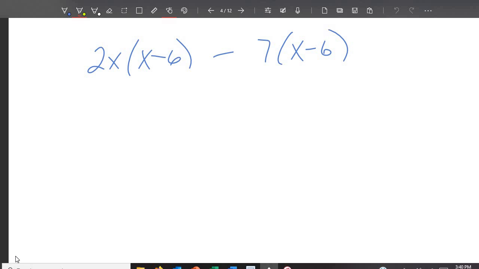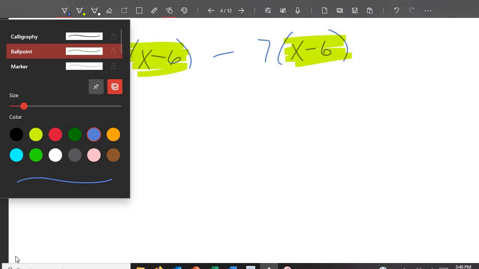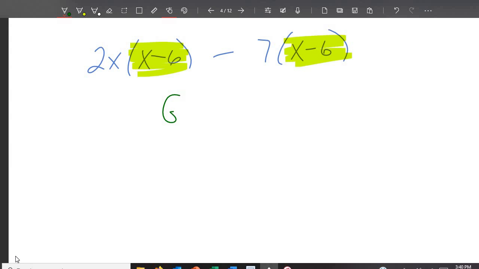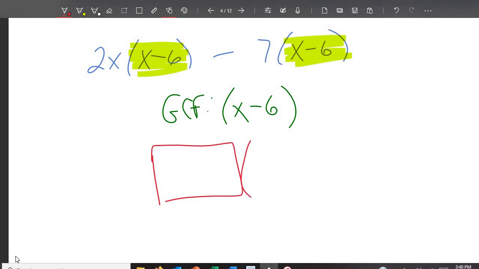All right, look at this one. On the left side and the right side of the minus sign, they both have an x minus 6. The x minus 6 is my GCF. Now the x minus 6, I'm going to draw my box again just to make sure. So the GCF goes first.